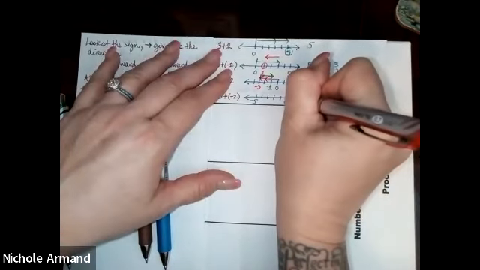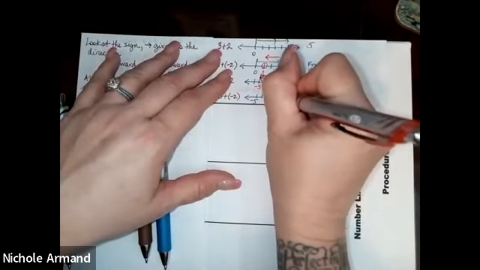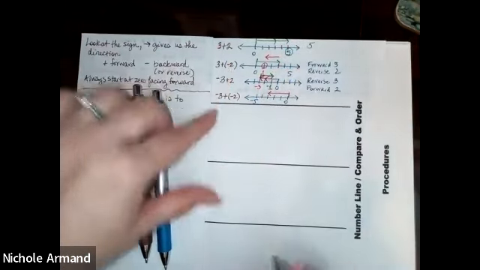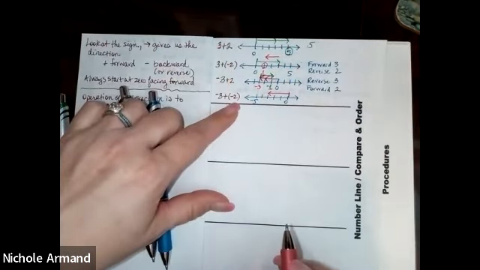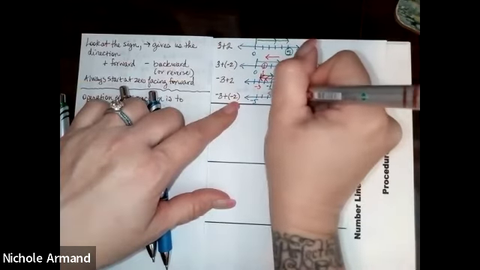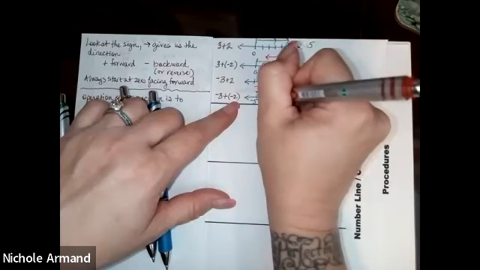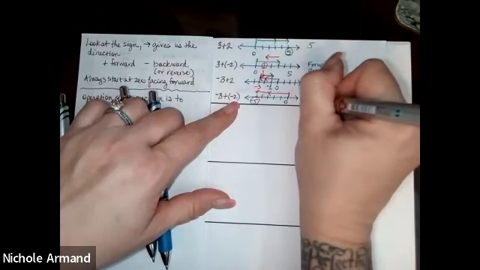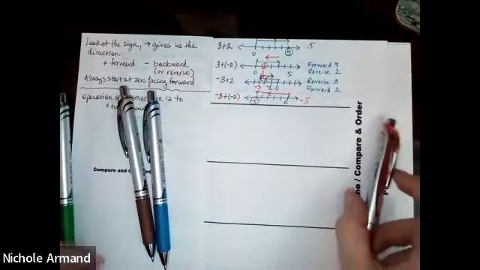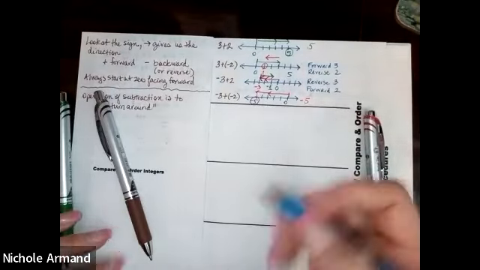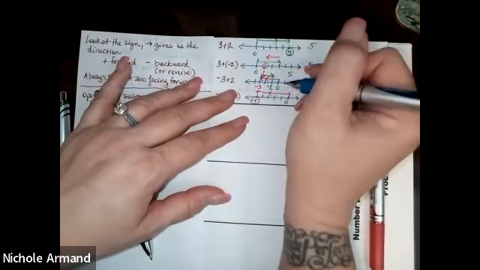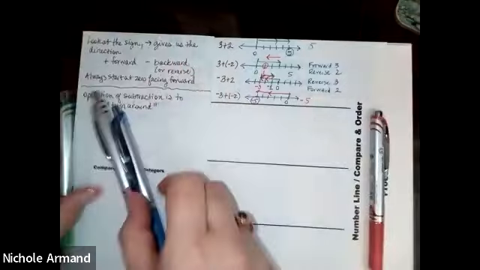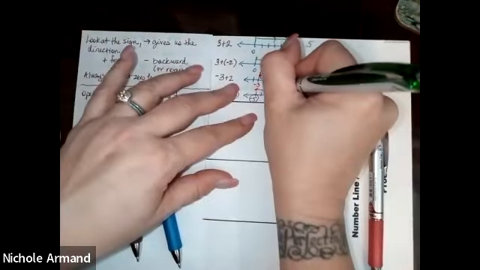So starting at 0, 1, 2, 3. And now I'm going to go in reverse 2 more spaces because the sign on 2 is negative. And I end up here at -5. This one was +1, we circled it. This one was -1.